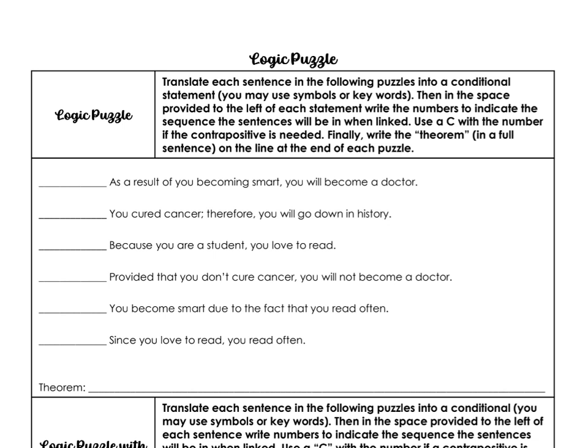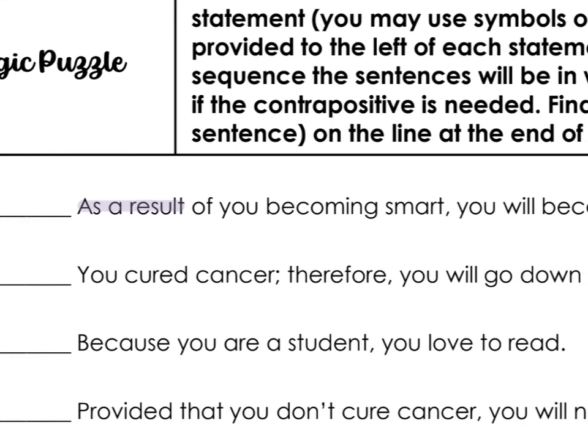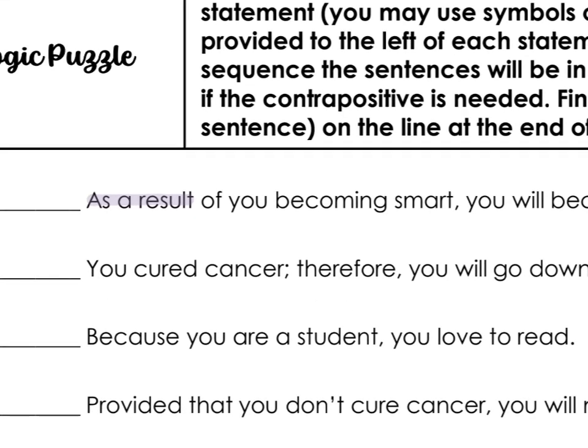Okay, so looking at the first sentence, we have, as a result of you becoming smart, you will become a doctor. So the first thing I want to just kind of start off with is just seeing right here that as a result, if you remember, is going to be a key word for our if.